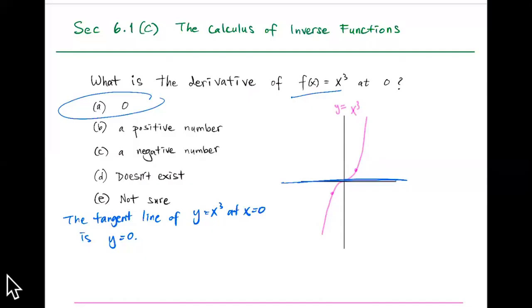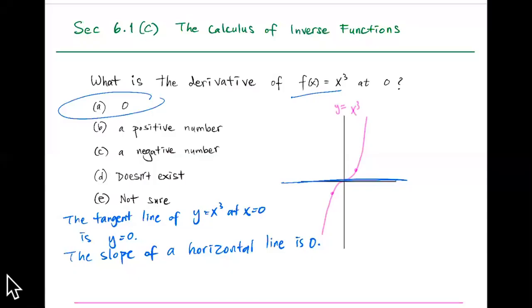The slope of any horizontal line is 0. So the derivative of the function at 0 is 0. You can also algebraically compute f prime to be 3x squared and plug in 0 for x.